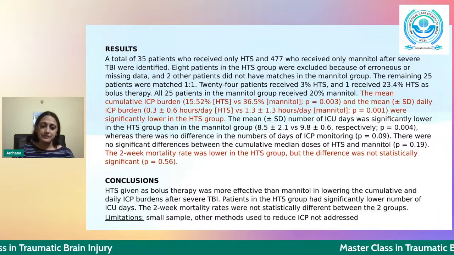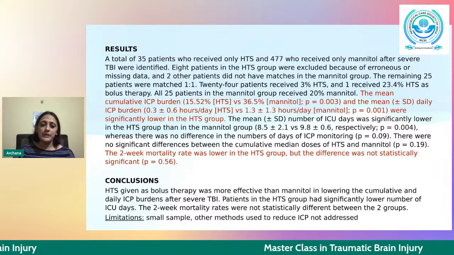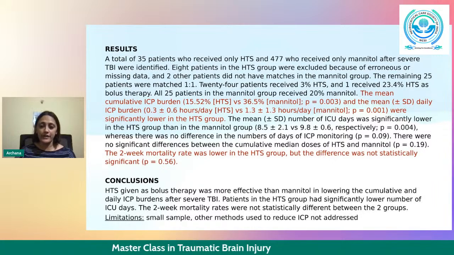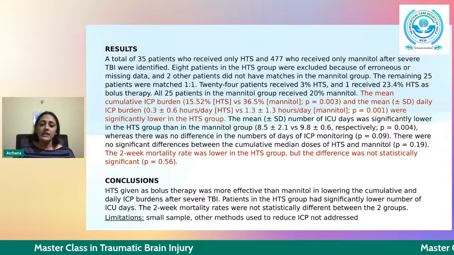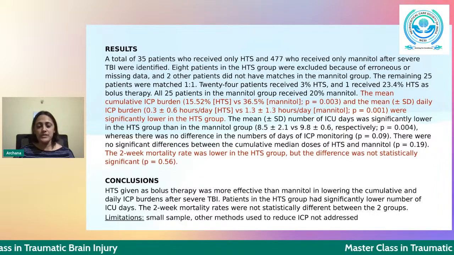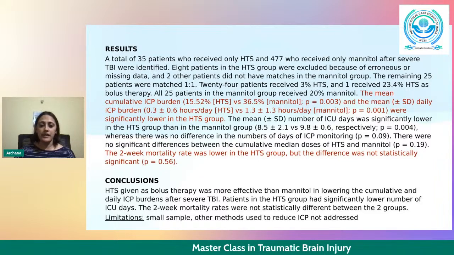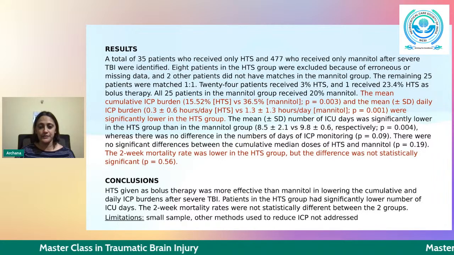And they said that the patients in the hypertonic saline group had a significantly lower number of ICU days. The limitations which they quoted were that this was a study with a small sample size, and again the other methods used to reduce ICP were not addressed here.